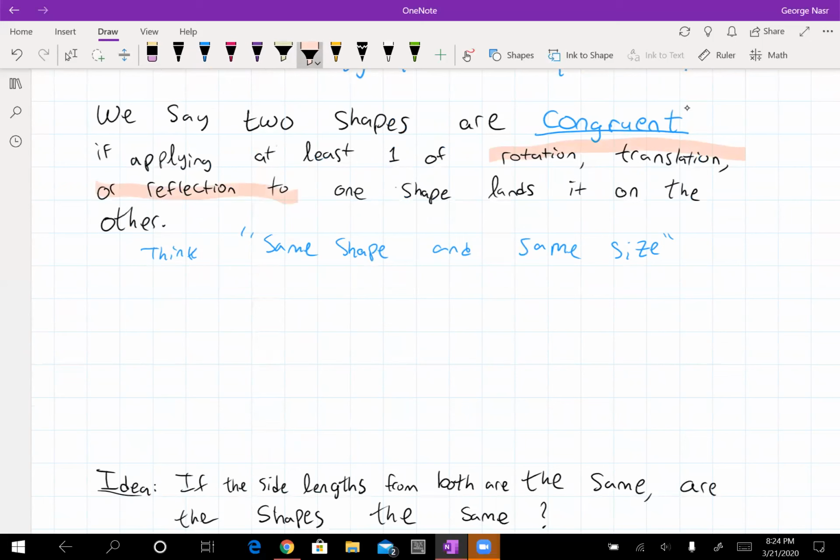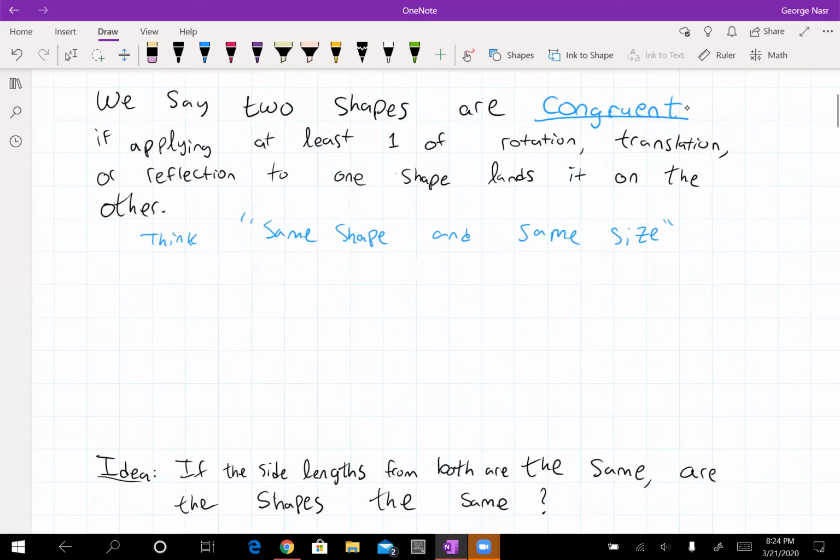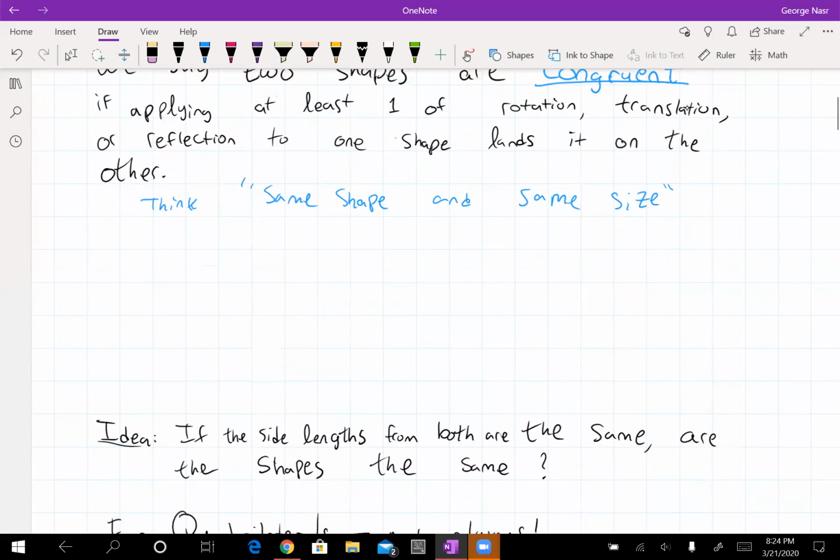These are very natural things to do. Like in the real world, we can pick up objects, we can move them, we can rotate them, we can reflect them. That just means like flipping it over, right? So we're just saying two things are the same if I can move them and flip them around and get them to land on top of each other. And the intuition, again, is same shape, same size.